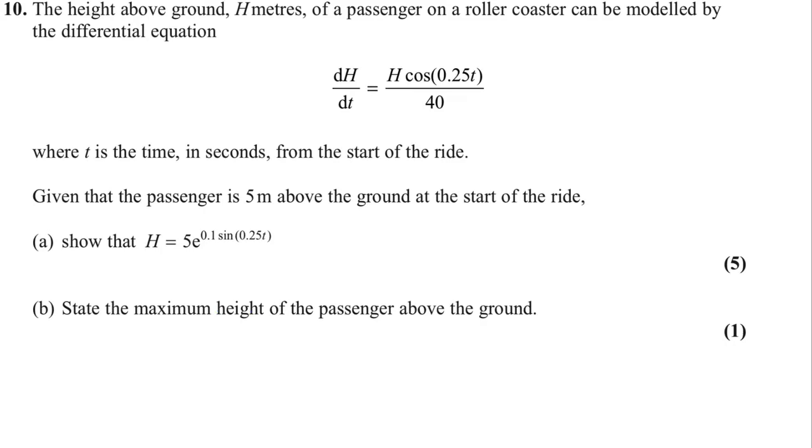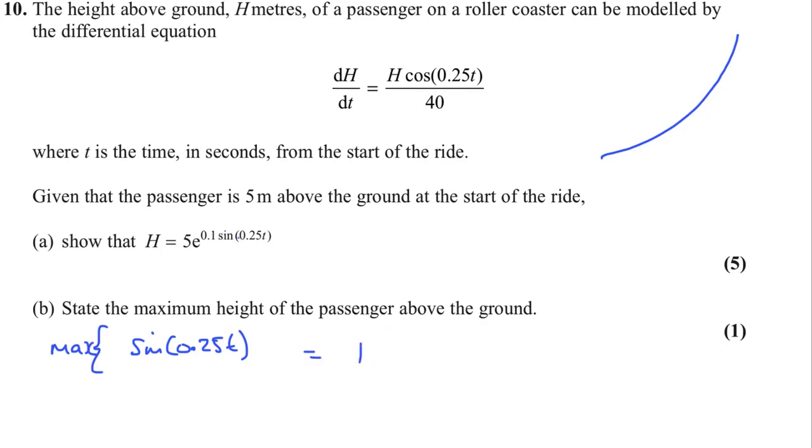Okay, for part B, to state the maximum height of the passenger from the ground, exponential functions are increasing functions, so this just keeps getting bigger and bigger. So the biggest that this value will be will depend on what this power is. And we've got a sine wave in here. So the biggest value that sine can be, the max value of this, is 1.